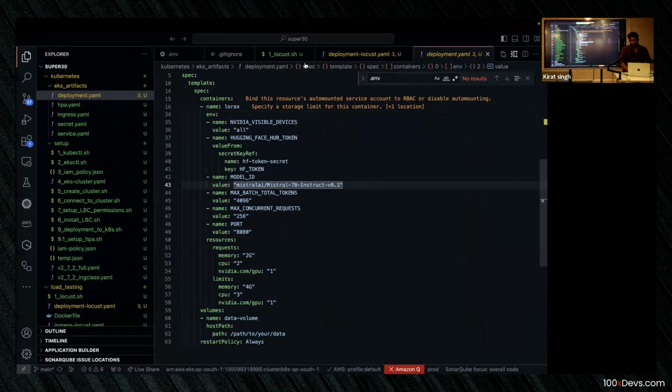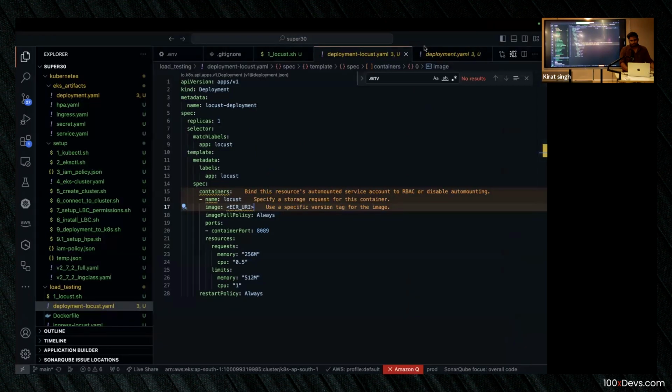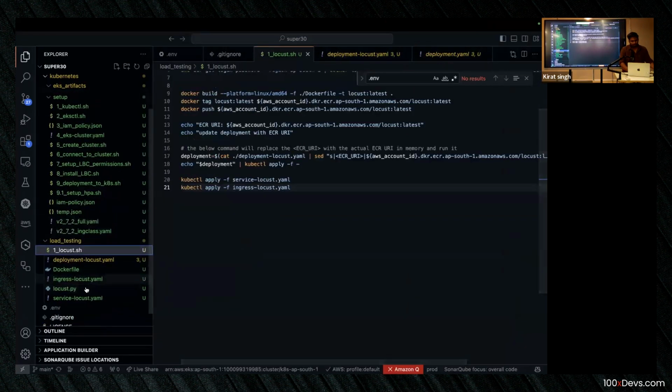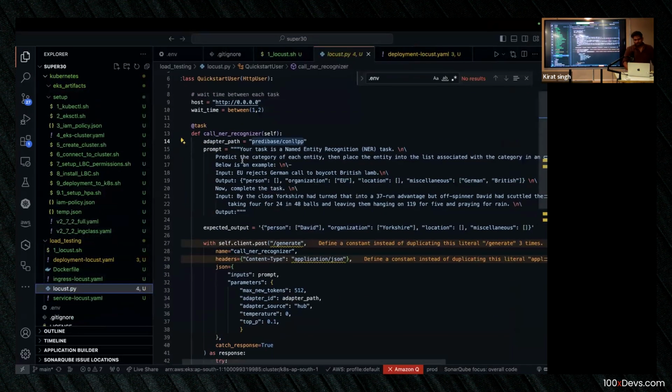Okay, so now you'll see the locust file, the locust.py. See, this is my question. Your task is a named entity recognition task. Predict the category of each entity.